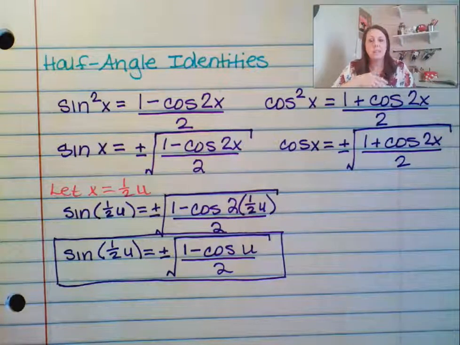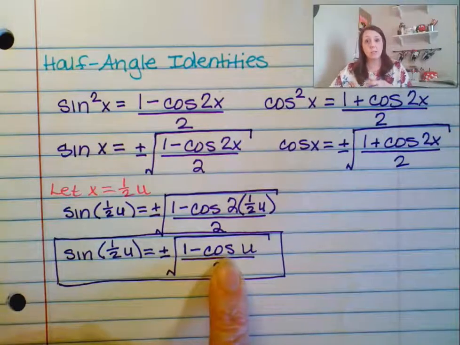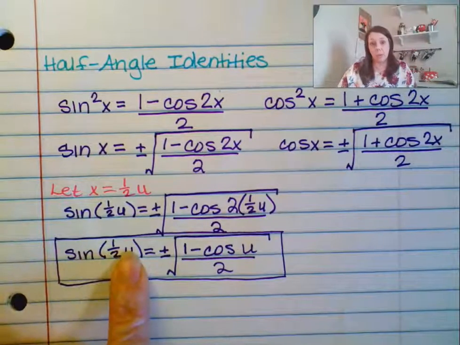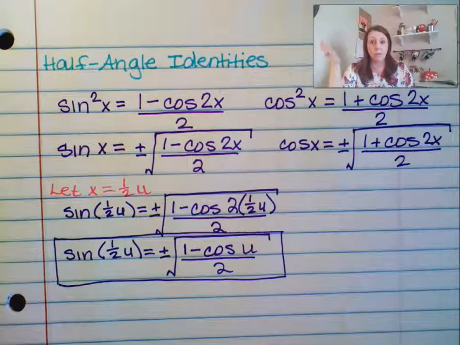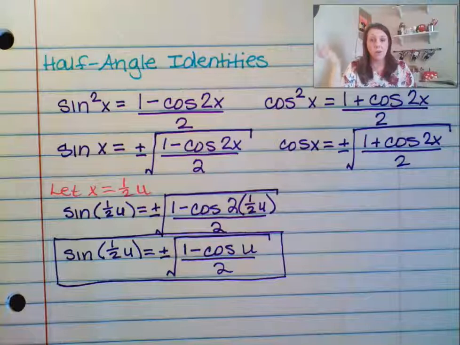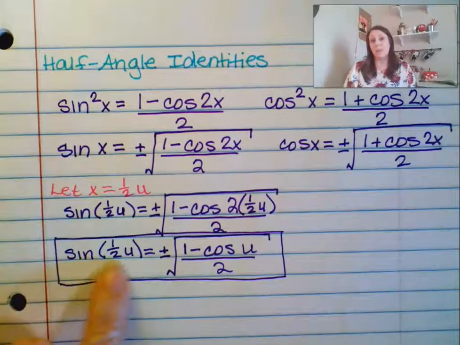Ultimately, I can take some known angle measure, one for which I know a cosine value, and from that I can substitute and simplify this right side to figure out what the sine of half of that angle would be. So if I use my 45-degree angle, for example, then I'm finding the sine of 22.5 degrees, which is half of 45 degrees. So ultimately, these allow us to take known angle measures and work down to an exact answer for an angle with half of that measure.